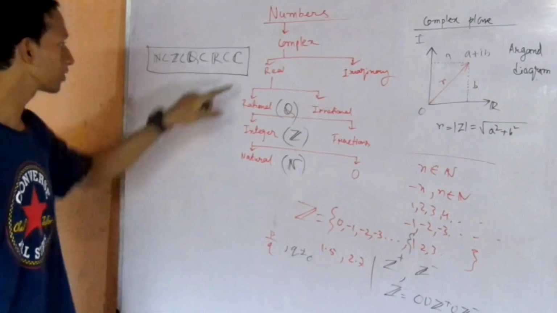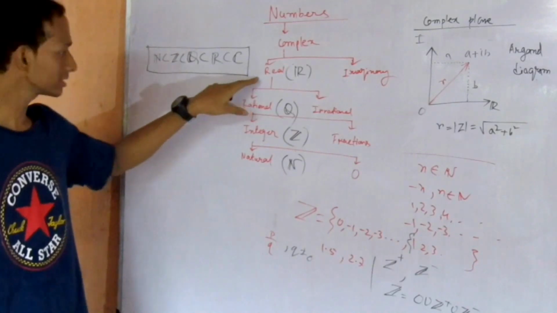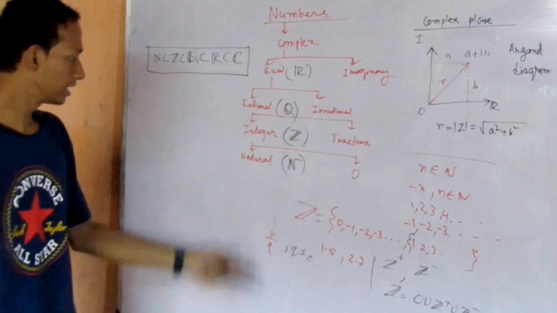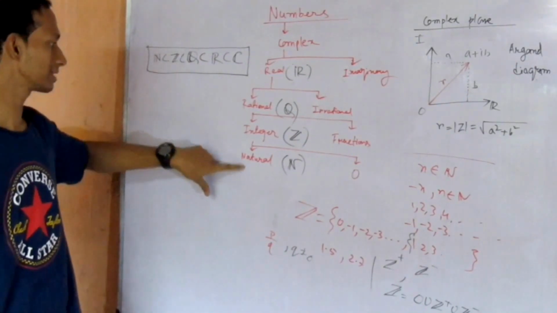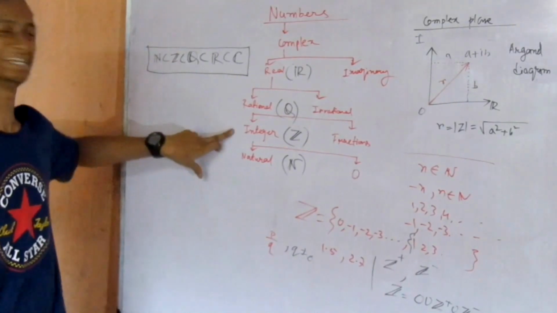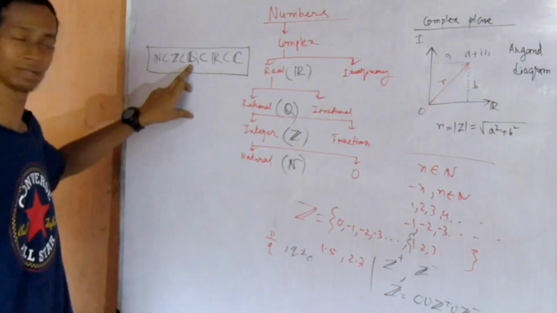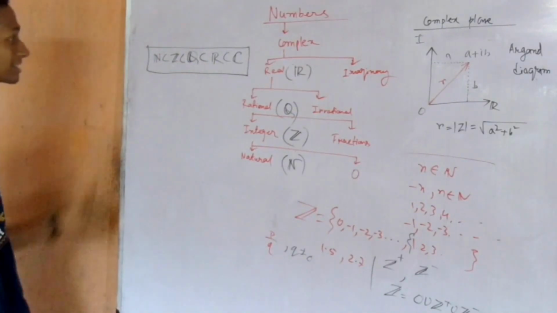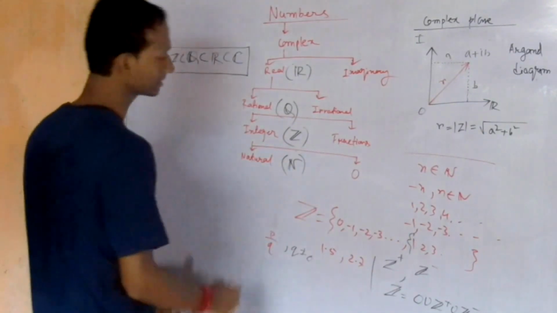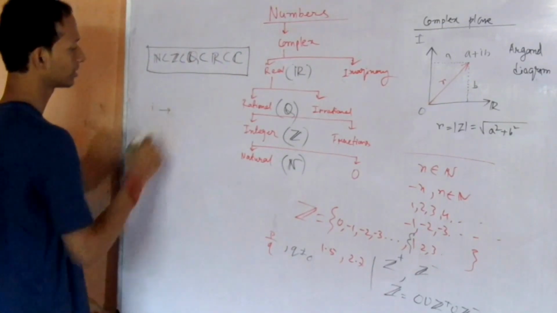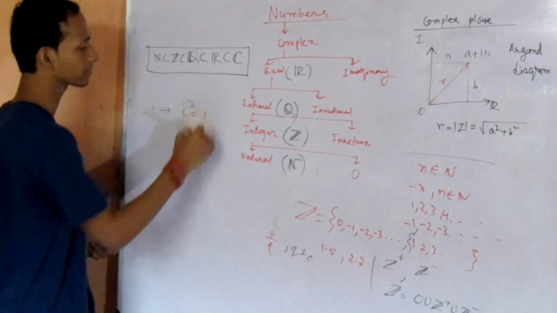All these belong to the real numbers, denoted by R. The natural numbers are a subset of the integers, the integers are a subset of the rational numbers, and the rational numbers are a subset of the real numbers. And the real numbers are a subset of the complex numbers, whereas the complex identity, small i, satisfies the equation i squared equals minus 1.